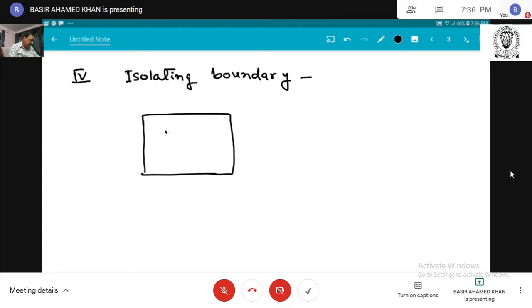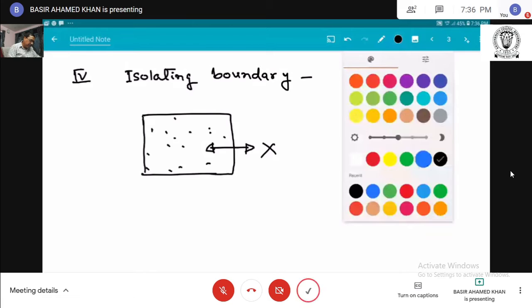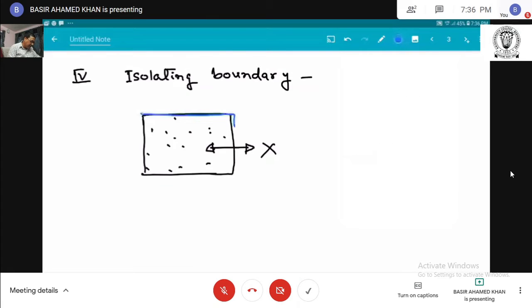this is the boundary, and if there is no exchange of matter or energy between the system and the surrounding, then this boundary is known as an isolating boundary.